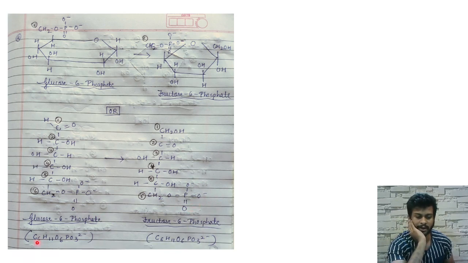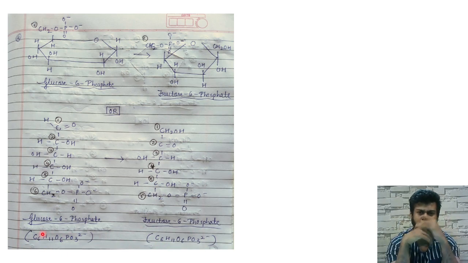If you actually count the number of carbons, hydrogen, oxygen, you will find that it is 6, 11, 6 respectively, and the phosphate group also. Okay. In the same way in fructose 6-phosphate, if you count, you will find these values. Okay. So both of these numbers will match.